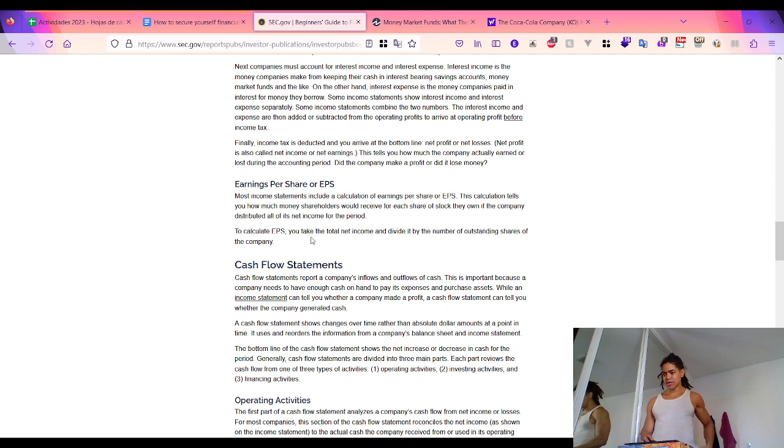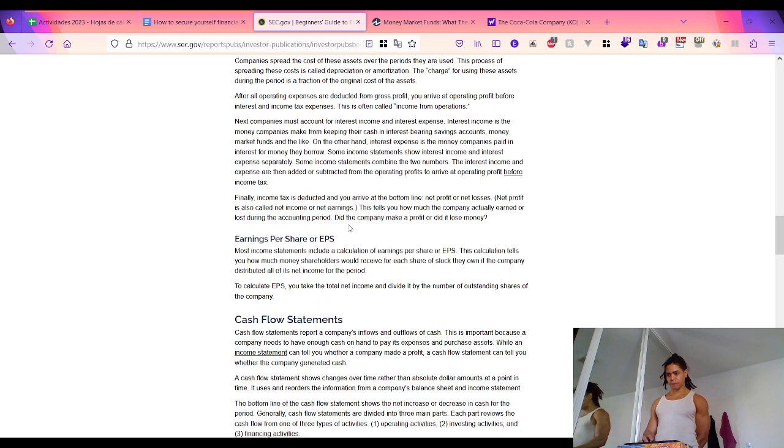To calculate EPS, take the total net income and divide by the number of outstanding shares of the company.